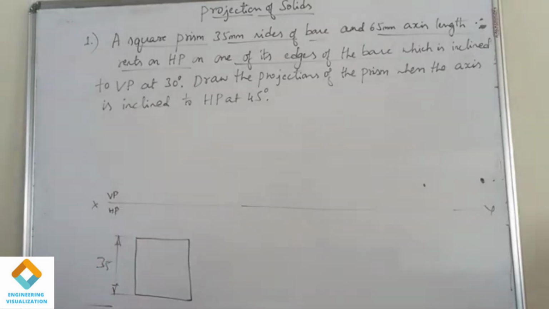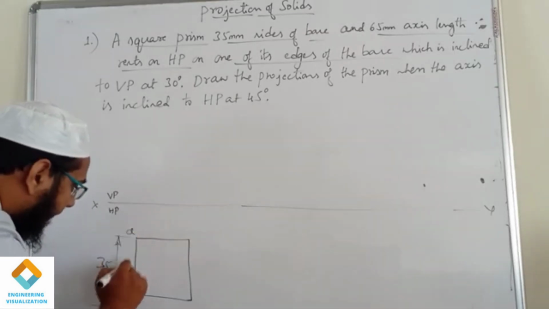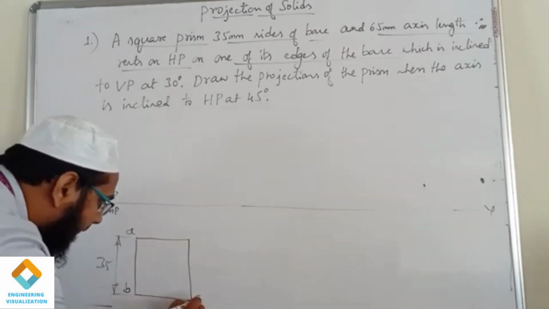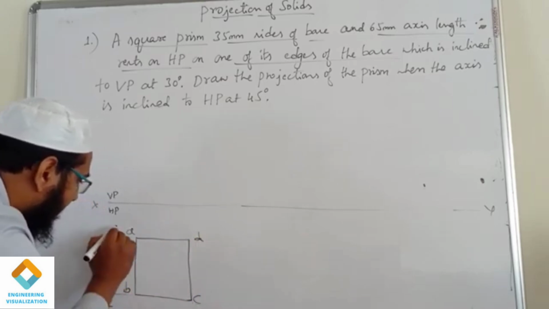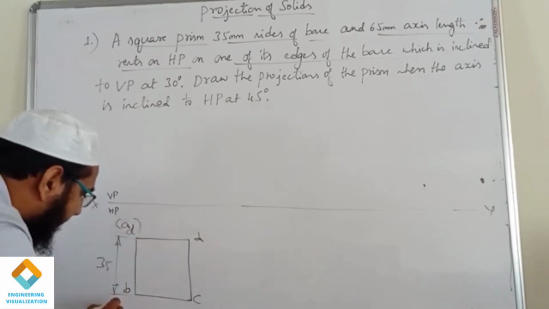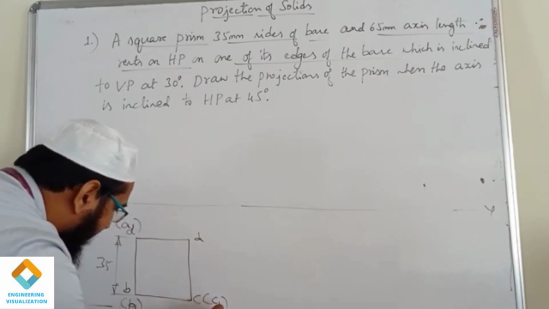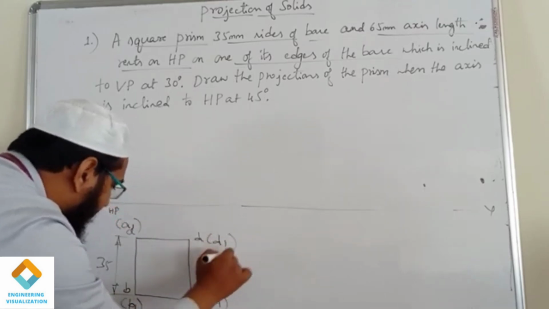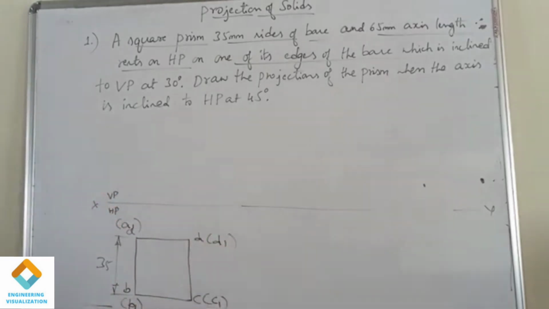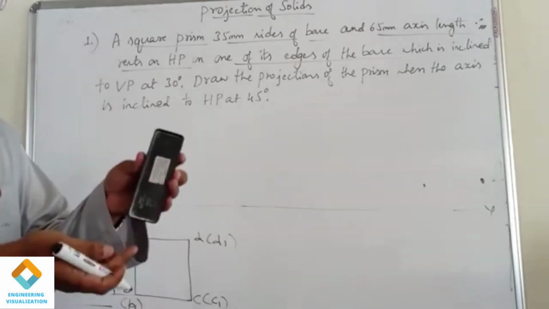So the top face notations are A, B, C, D. Similarly, bottom face notations are A1 in bracket, B1, C1, similarly D1. So now this is the top view, and there will be an axis here, connecting the top face center and the bottom face center.